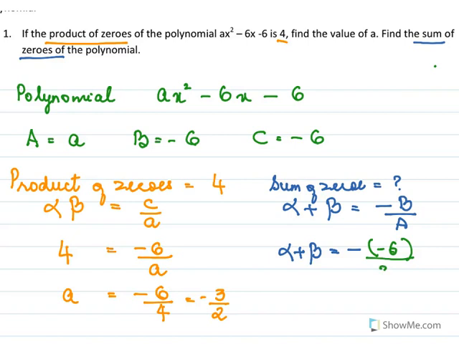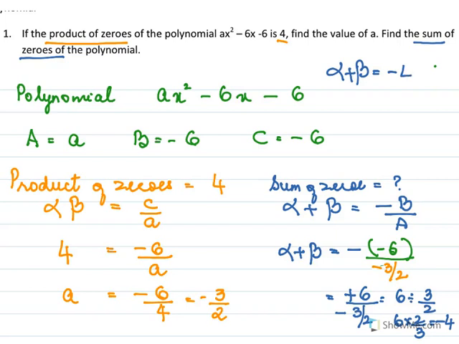And a, we already have found, is minus 3 by 2. So we put that minus 3 by 2. So alpha plus beta equal to minus, or minus is plus, 6 divided by 3 by 2, which is 6 into 2 by 3, and this is minus. You cancel this, you get the answer minus 4. So alpha plus beta equal to minus 4.